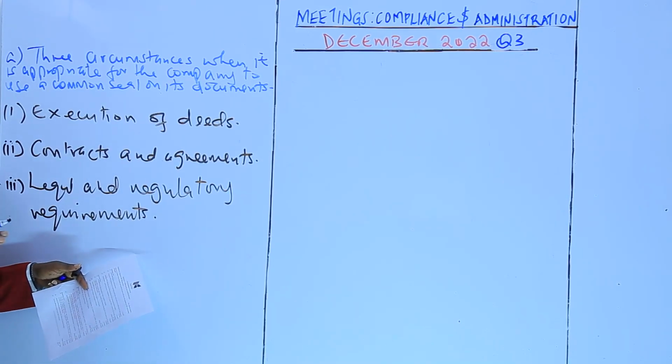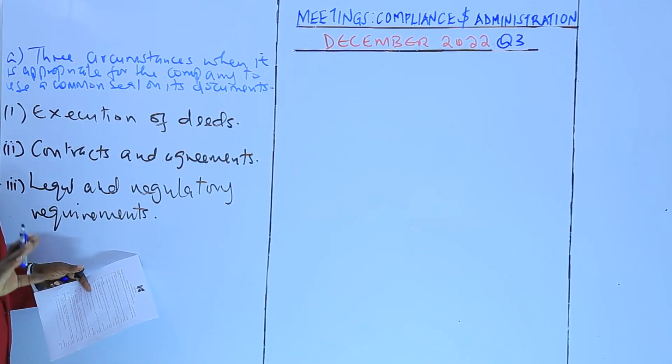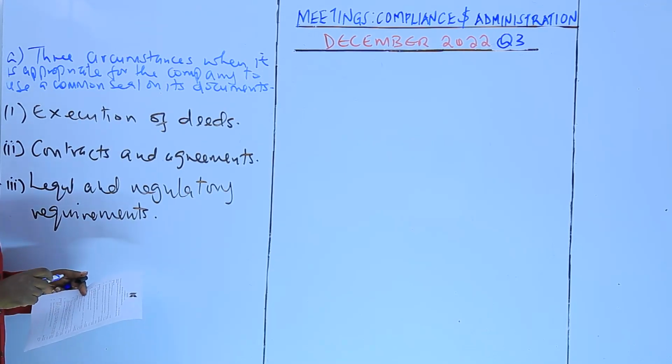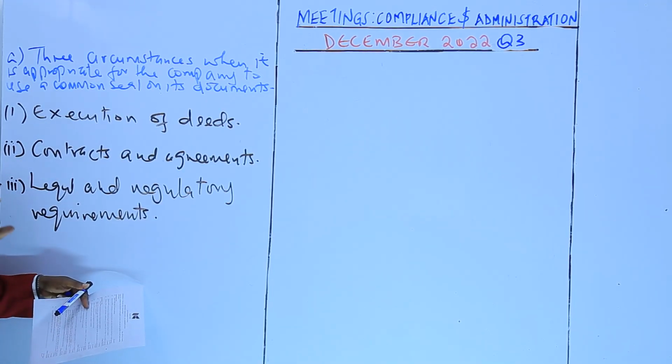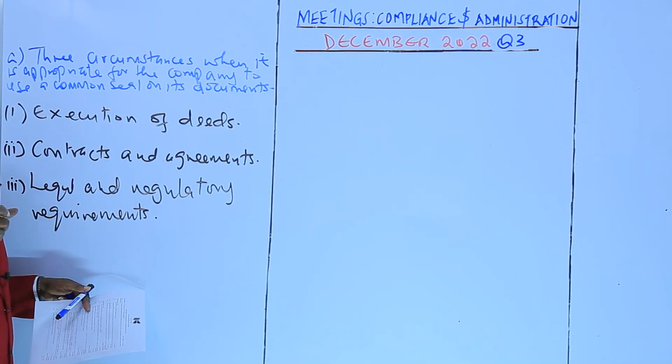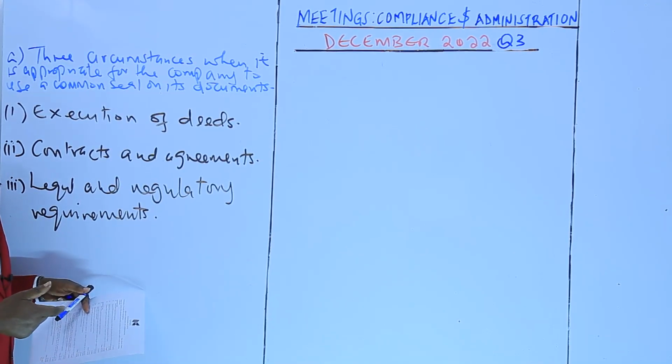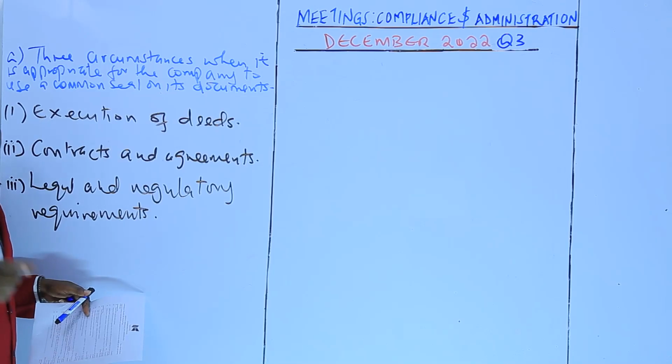There may be specific legal or regulatory requirements that mandate the use of a common seal for certain types of documents, such as statutory filings, share certificates, bank guarantees, and so on. So companies may be obligated to comply with these requirements to ensure legal compliance and enforceability of the documents.